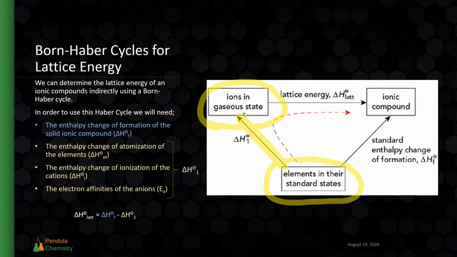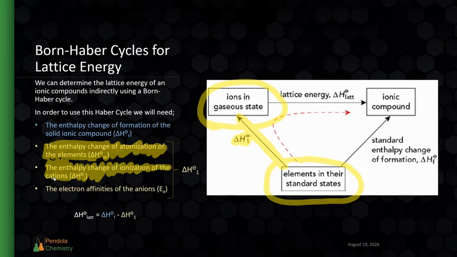And that's because this right here, which we're going to label delta H1, is actually not just one enthalpy change. It is a combination of many enthalpy changes, which can include the enthalpy changes of atomization of the elements. It can include the enthalpy changes of ionization of the elements.